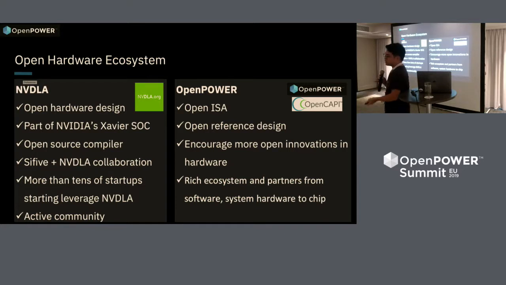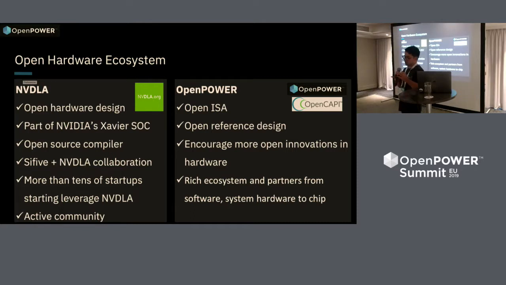NVDLA was open sourced last September, and as I have said, it is exactly the same code used in their product. More importantly, NVDLA has a really active community right now. Earlier this year, SiFive, a company focusing on RISC-V CPUs, announced a collaboration with Nvidia to bring their RISC-V core together with Nvidia's NVDLA.